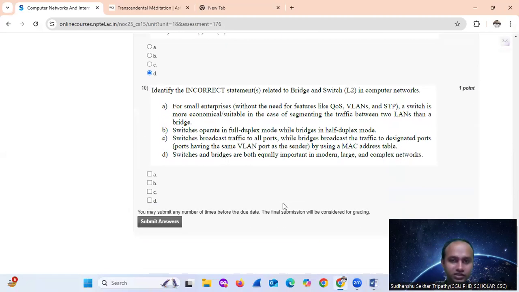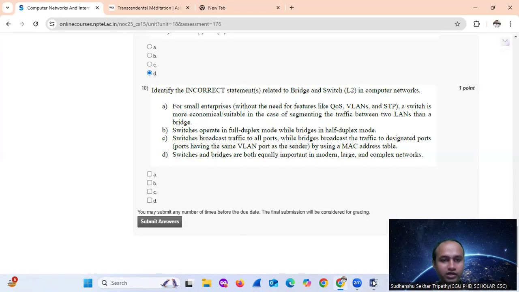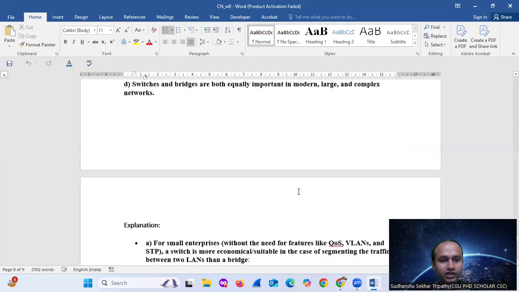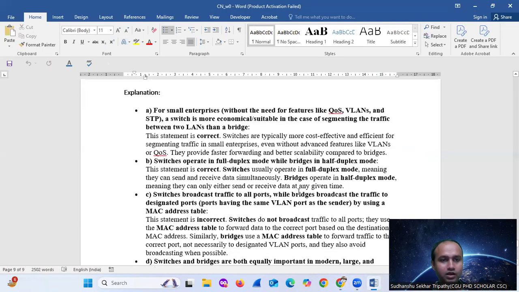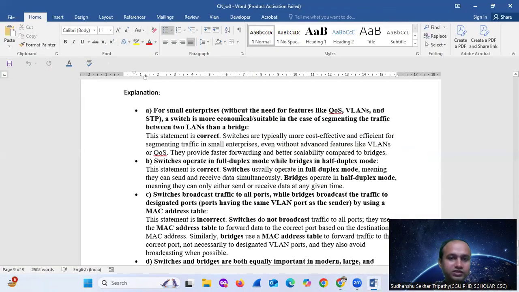Identify the incorrect statements related to the bridge and switch in computer networks. ओके, तो इनकरेक्ट स्टेटमेंट क्या होगा देख लेते हैं। पहले ऑप्शन ए, ऑप्शन ए में क्या था, for small interfaces without the need of features like QoS, that is the quality of service, VLAN, virtual LAN, and STP.